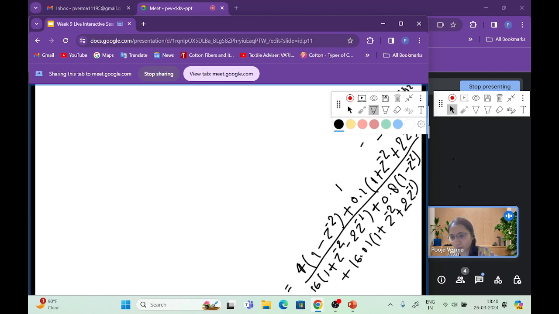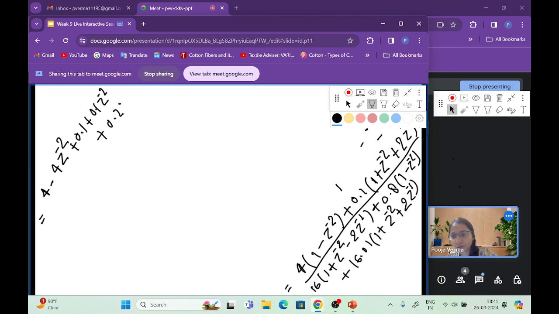Okay, so I'm calculating it. It will be 4 minus 4 z to the power minus 2 plus 0.1 plus 0.1 z to the power minus 2 plus 0.2 z inverse, 0.1 multiplied by 2.